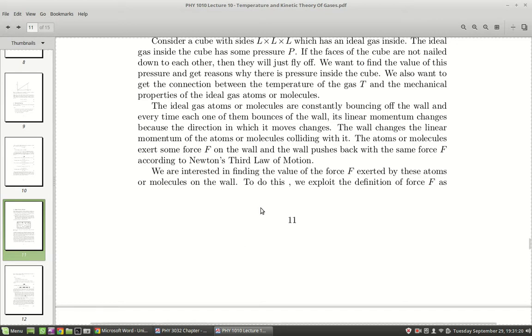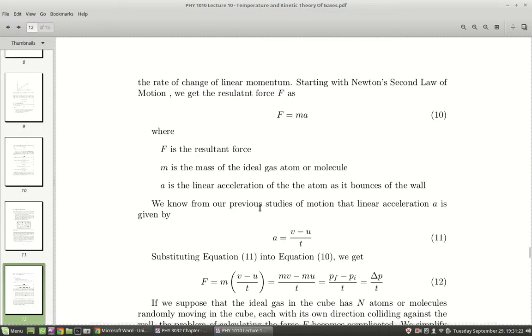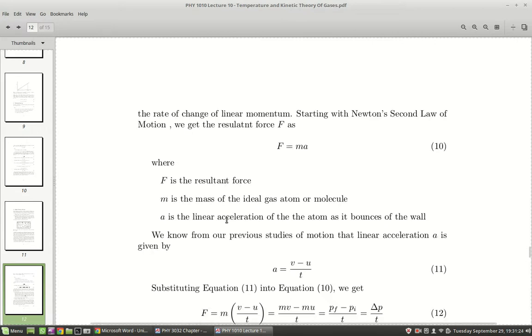It is an oversimplification of reality, but it makes life very, very easy. So those are the assumptions we make. We divide our atoms into groups. There are n of them. We divide them into groups of n divided by 3. Then we also make another assumption that they are moving with the same speed.